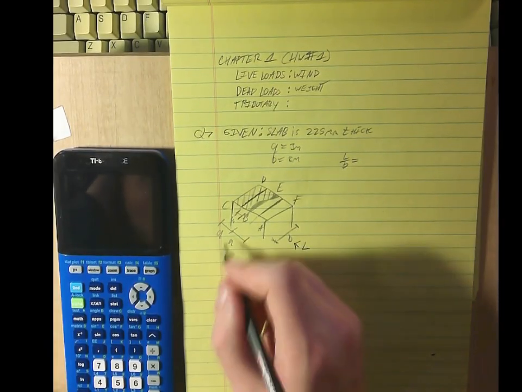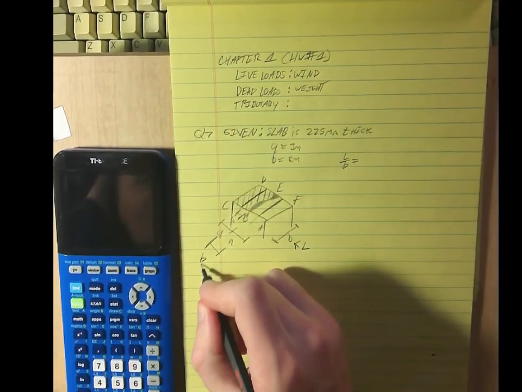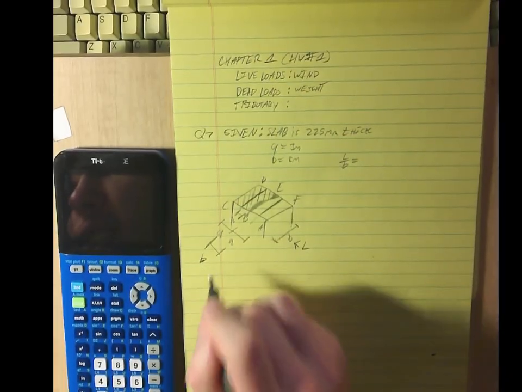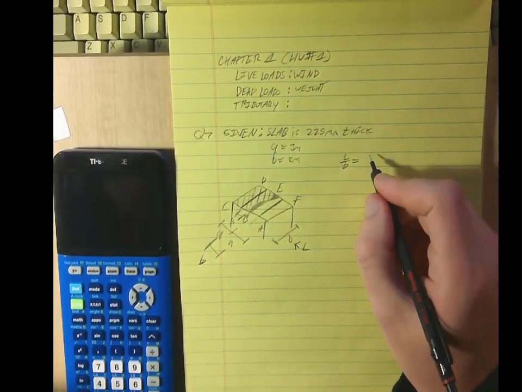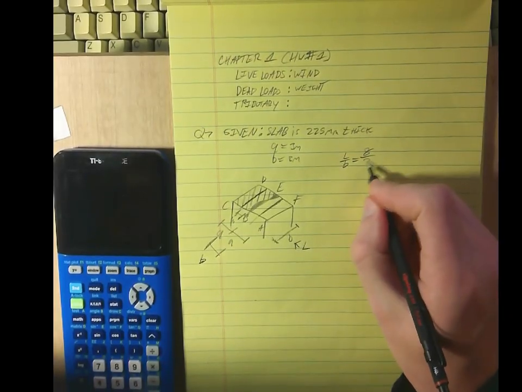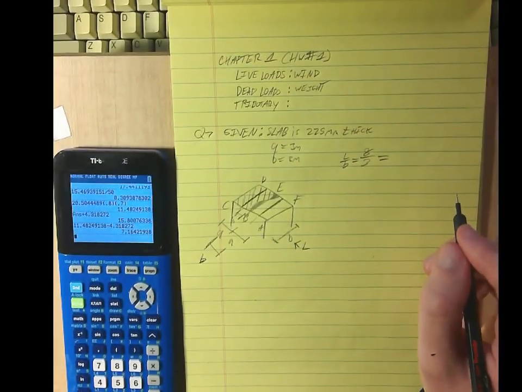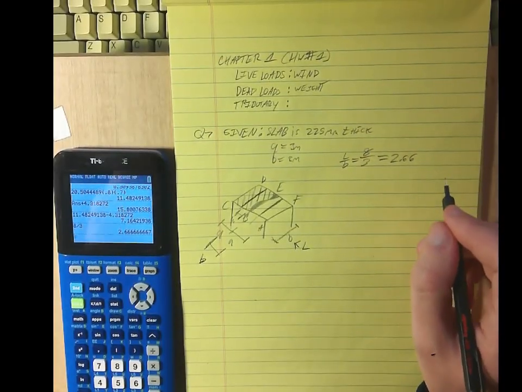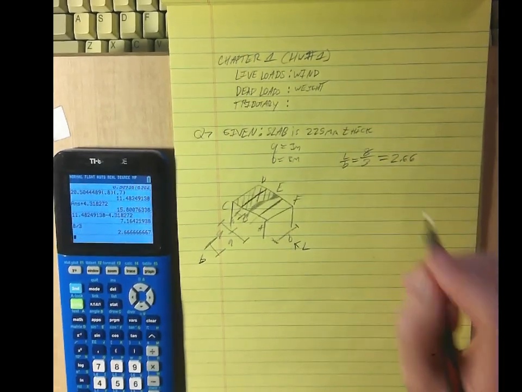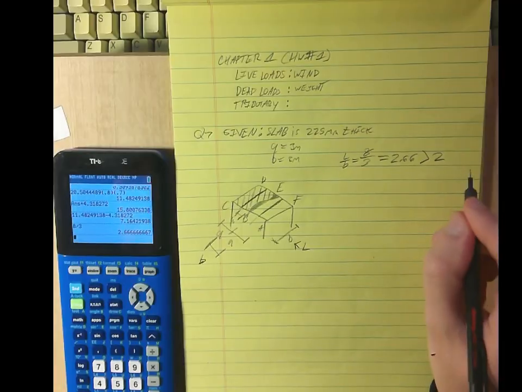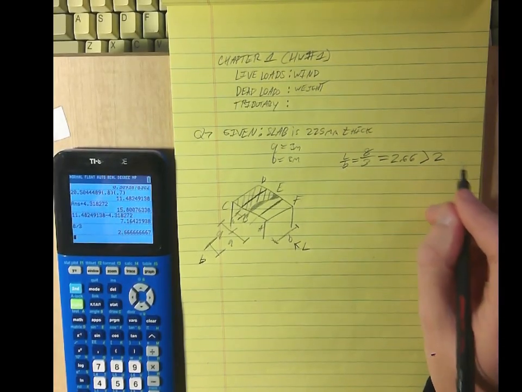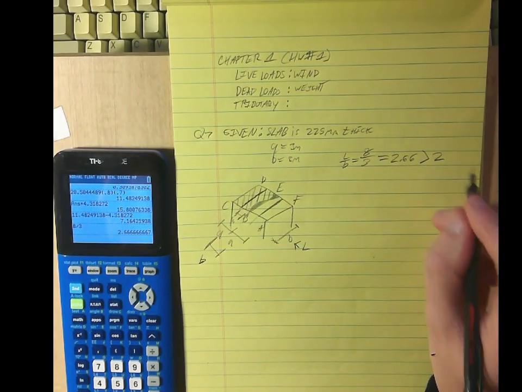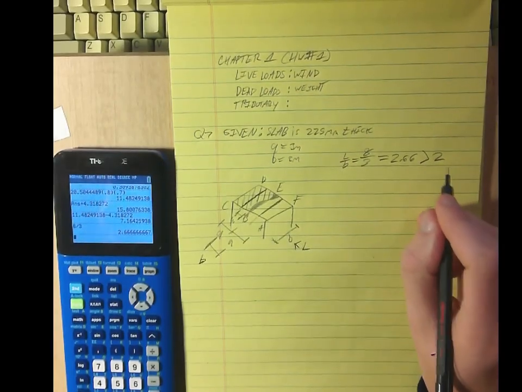And I think the tributary area width is going to be the B. I don't know that for sure, I think that's what it is. So this is going to be equal to 8 over 3, 2.66, and that means that the L over B is greater than 2, which means that this is, I think, a normal system.